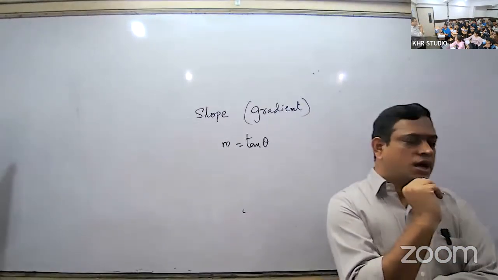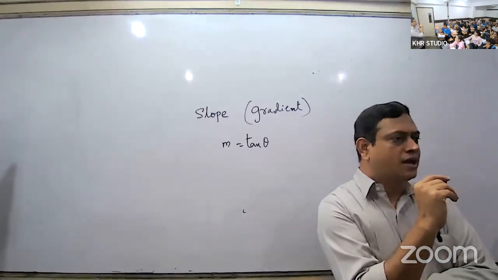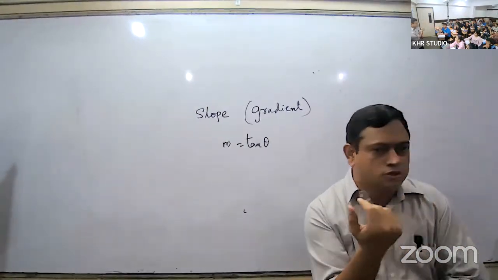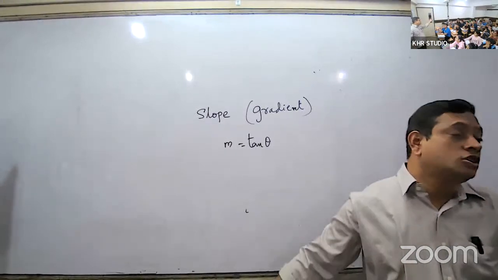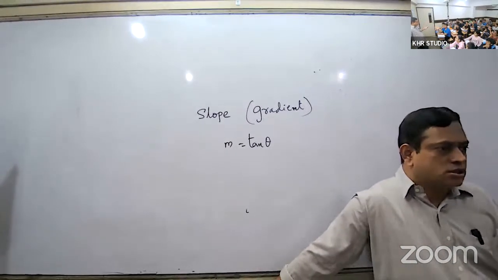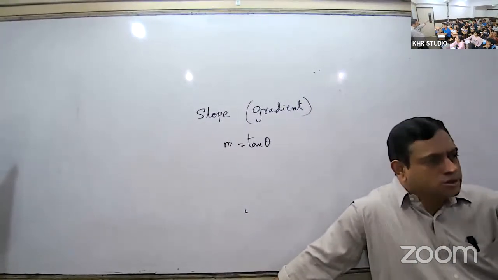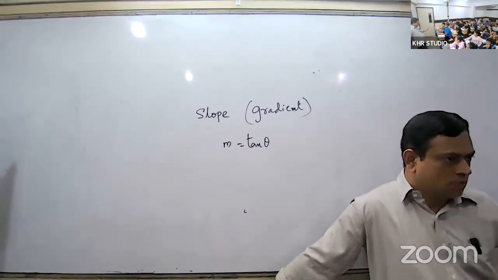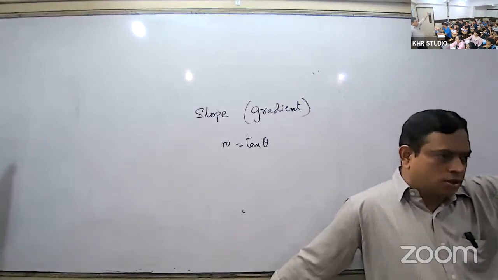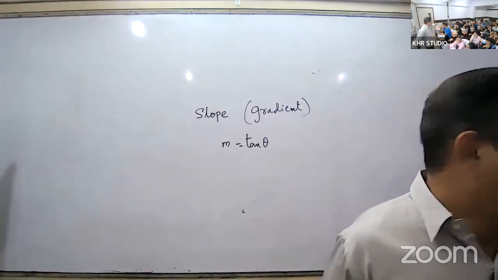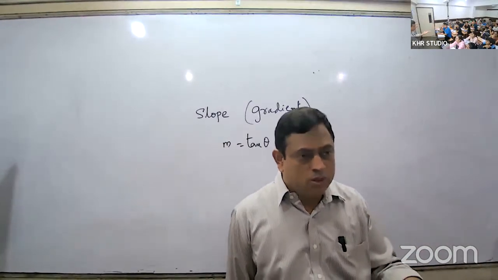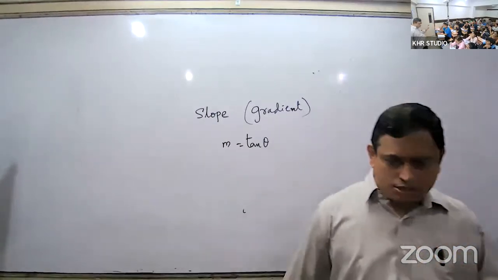Listen, tan 120 means take its supplement. The supplement of 120 is 60, and take the negative of that value. So minus tan 60. Remember how you find tan 120: you take the supplement, 60, so minus tan 60. How it comes, you will study later in higher class.